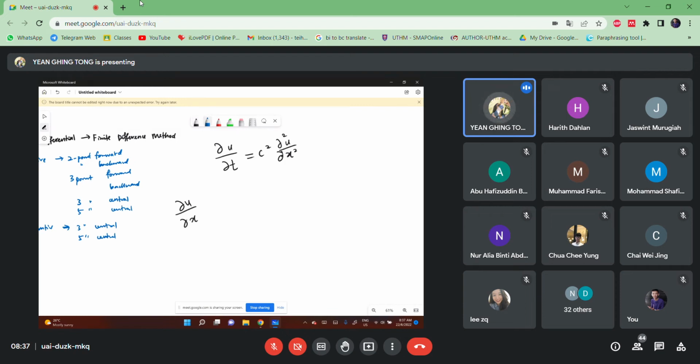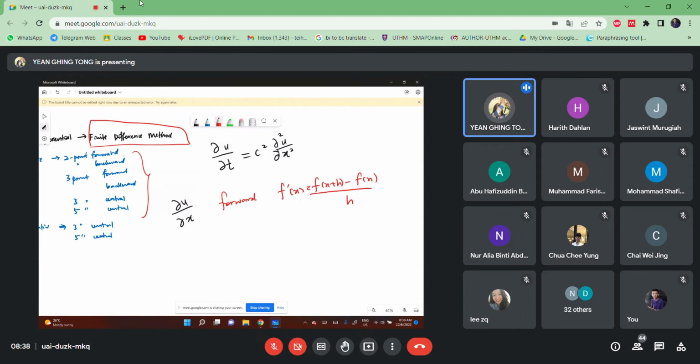Okay, X. When we want to do the finite difference form, this one, we can use forward. Kalau 2 point forward, I take 2 point forward. Before this, the formula is like this. Kan?